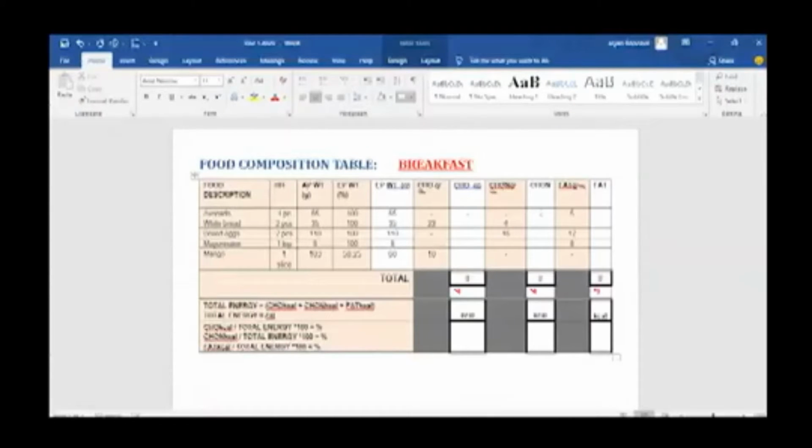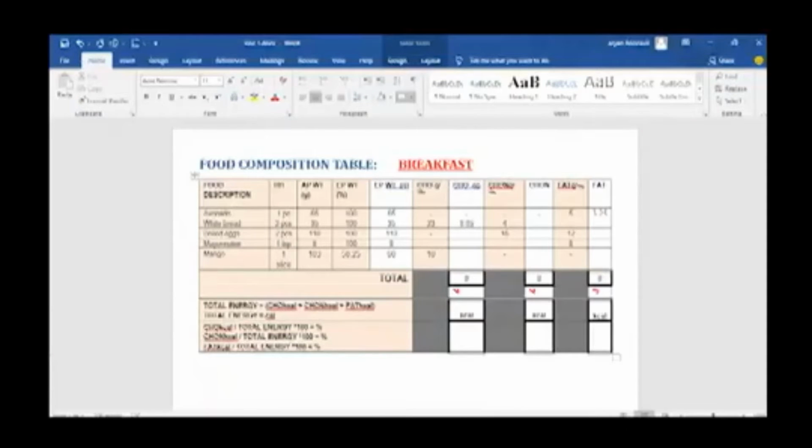Then for fat, we will have 5 times 65 divided by 100, which is 3.25. Then for white bread, 23 times 35 divided by 100 is equal to 8.05.